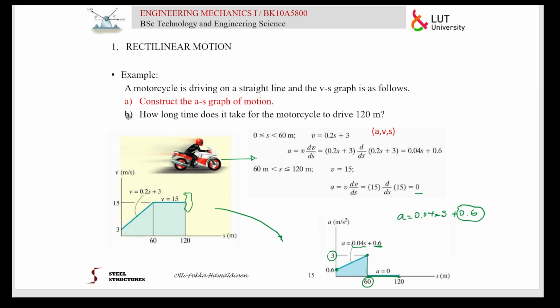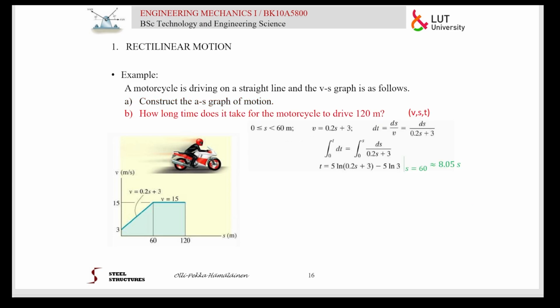Part B, how long does it take for the motorcycle to drive 120 meters? All right. So let's see how we tackle this. This stems from the fact that velocity, we know, is the derivative of the position or displacement with respect to time.